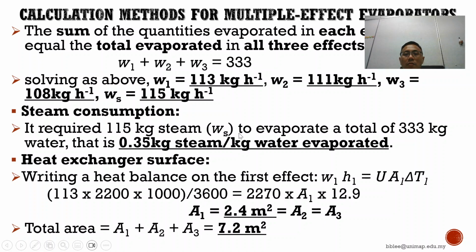So you need to do guessing to make W1, W2, W3 equal to 333. You have to adjust the value so that W1, W2, W3 will give you 333.